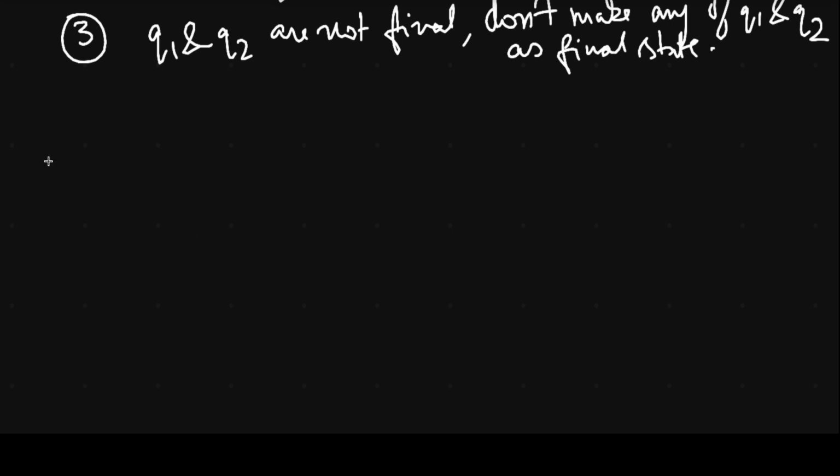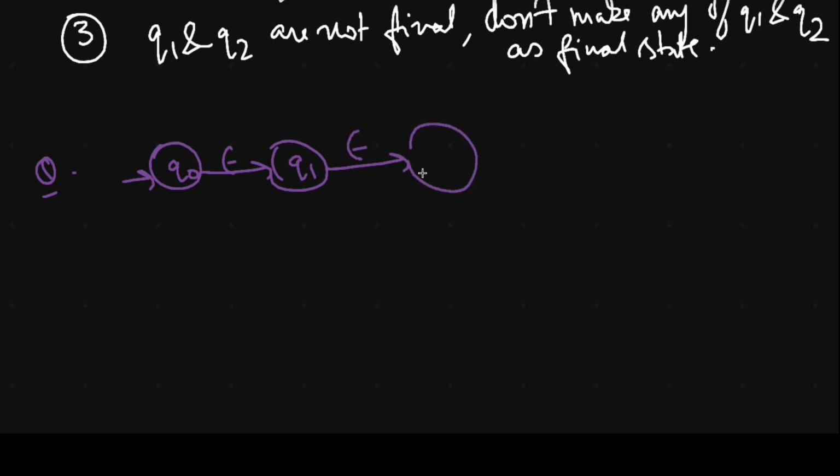Okay, so let's see. Suppose Q0 is our initial state. It's making a null move to Q1 and it is also making a null move to Q2, which is our final state. On 0 it is remaining on Q0, on 1 it is remaining on Q1, and on 2 it is remaining on Q2.